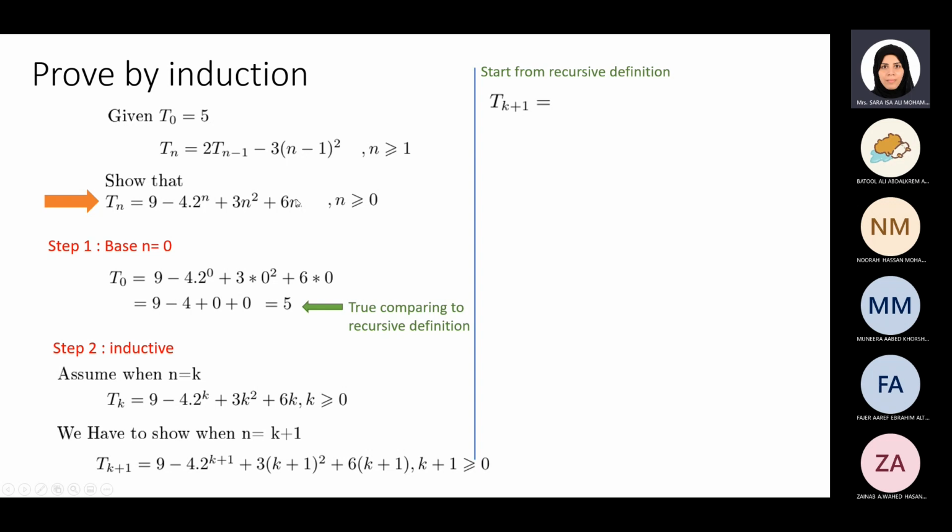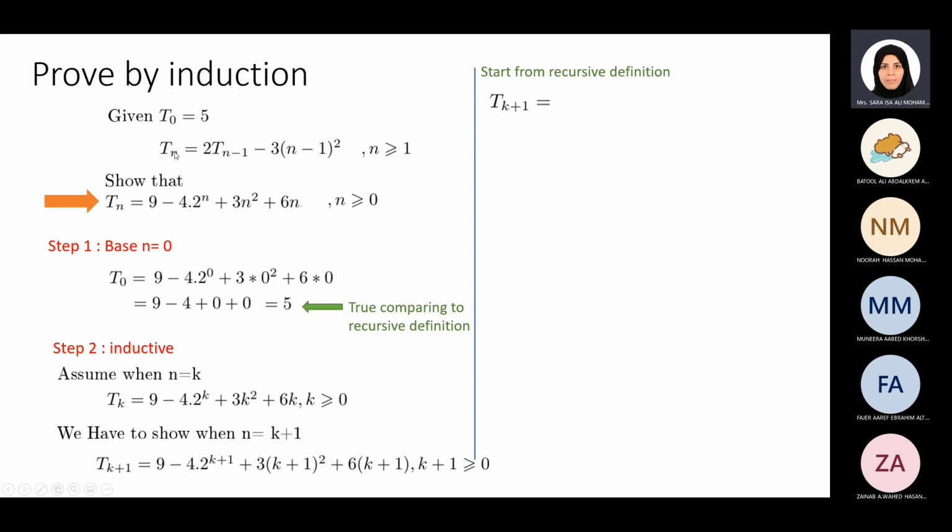If I get the same value, it means it's true. So this is the first usage. The second usage of the recursive definition is to start your proof. You want to find what Tk plus 1 is. So from here, what is Tk plus 1? Instead of n, you will put k plus 1.